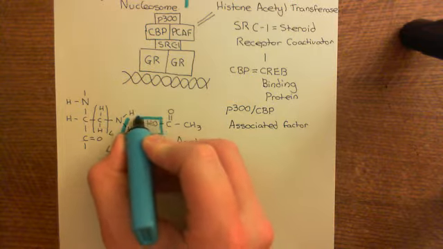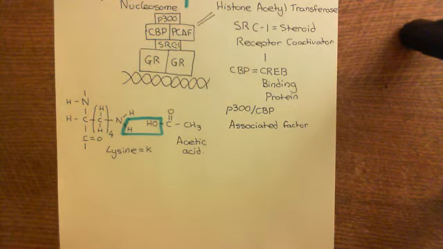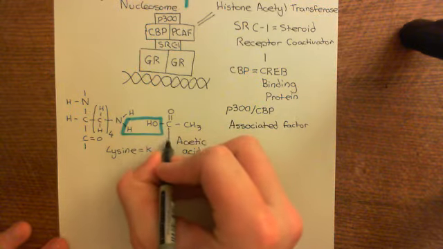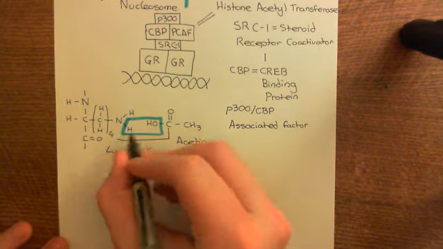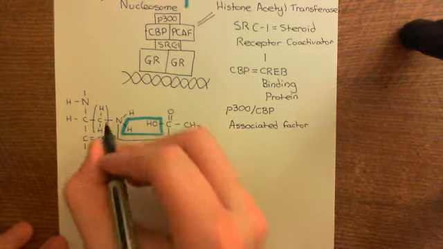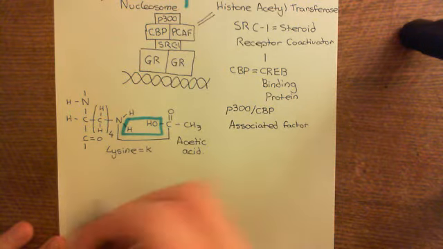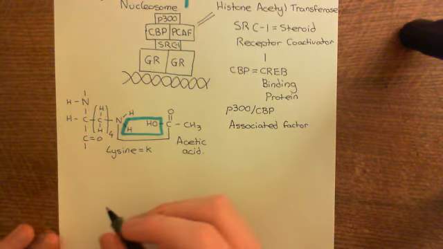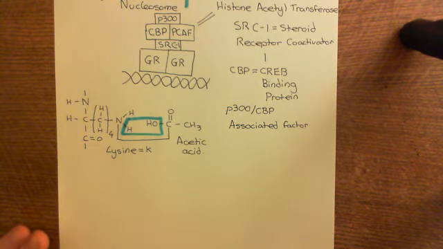You can take off the alcohol group from the carboxylic acid molecule, a hydrogen from the amino group, and then you can link this carbon of the acetic acid molecule to the amino group of the lysine residue, and that produces an acetylated lysine. So you can add acetyl groups onto lysines.